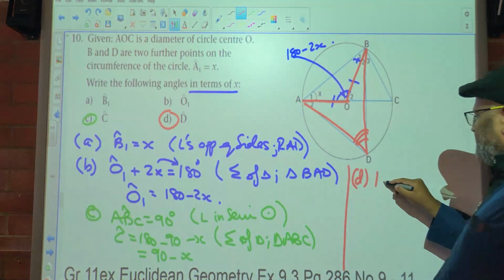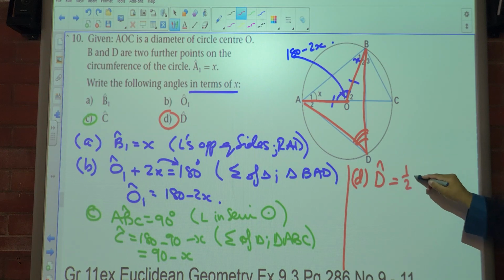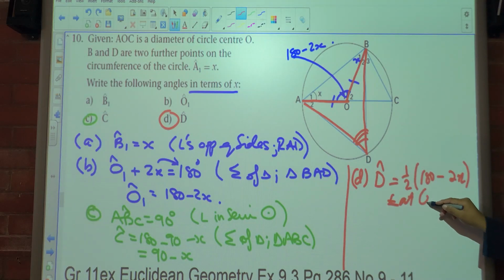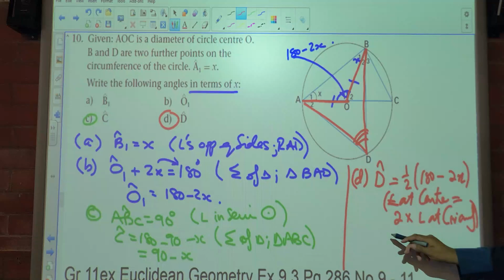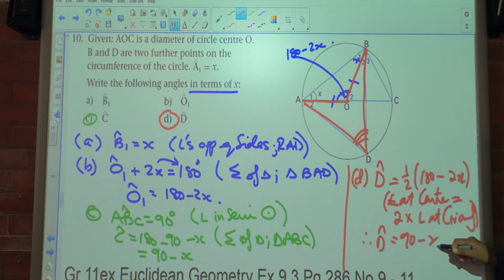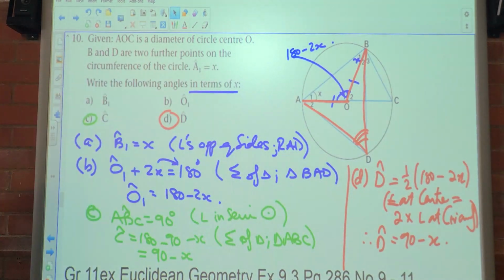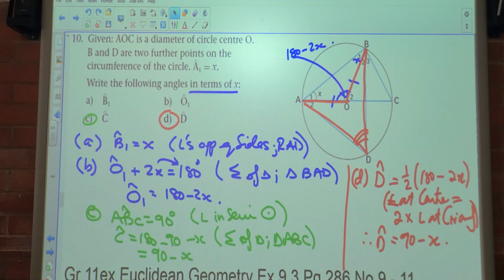So angle D is equal to half of 180 minus 2x, which is angle at center, is equal to 2 times angle at circumference. So therefore angle D is equal to 90 minus x. Okay. Any confusion here? Any confusion?